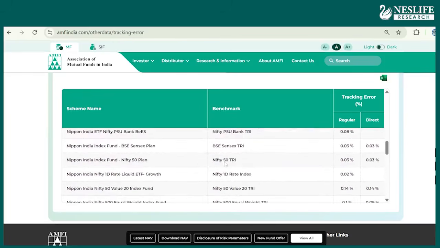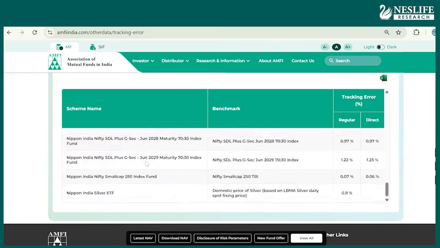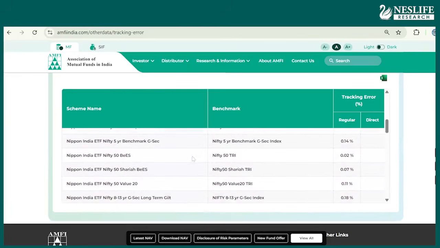This is Nifty 50. This is the Nifty 50 we are looking for. You can find the tracking error as well. Here it mentions direct and regular, but these are all direct only. There is no agent involved. So here you find the tracking error and tracking difference.